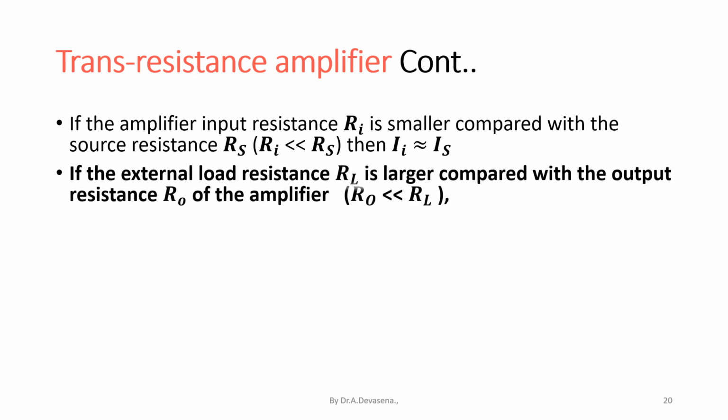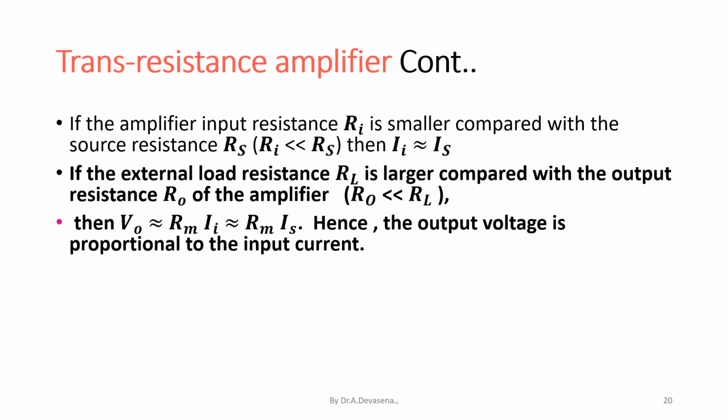The external load resistance RL is larger compared with the output resistance R0 of the amplifier, that is, R0 is very small when compared to RL. Then the output voltage V0 is approximately equal to Rm Ii, which is approximately Rm Is. Hence, the output voltage is proportional to the input current.